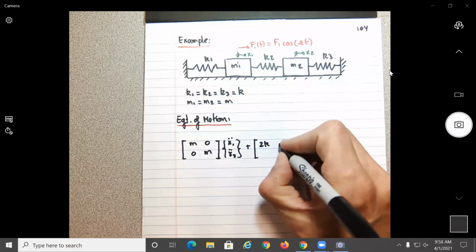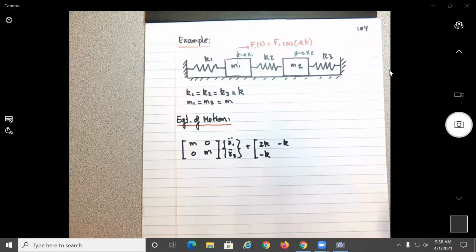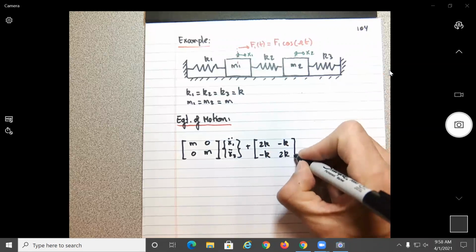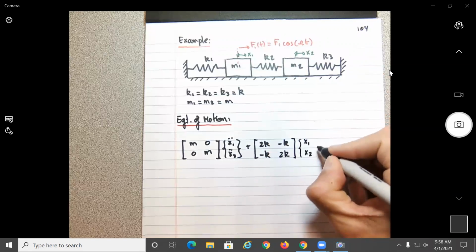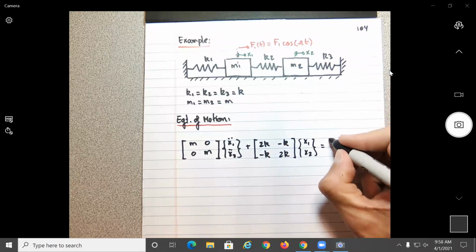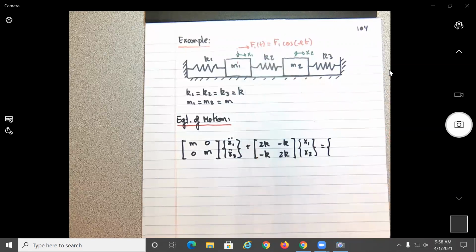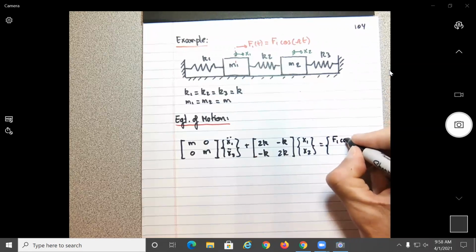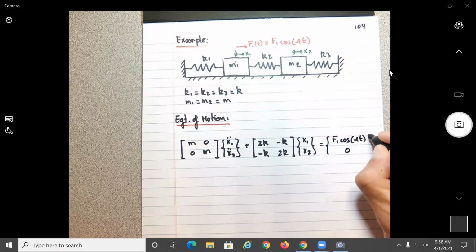This should be minus K2, minus K, and then this one should be K2 plus K3, which is the same, 2K. Times x1, x2, equal to the force, which in this example is only one applied to the mass M1. So it should be F1 cosine capital omega t, and this would be 0.